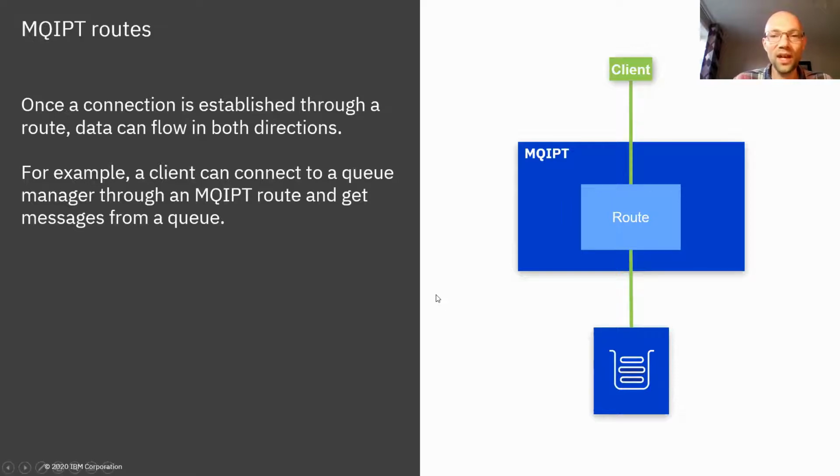So we could do an MQ get to the queue manager to get a message off a queue, and it will be able to get that message from the queue. The message data will be sent from the queue manager to the client, even though it was the client that actually initiated the connection through MQIPT. So that's what I mean by the data can flow in both directions, just as it would if the client had connected into the queue manager without MQIPT being in between the two.